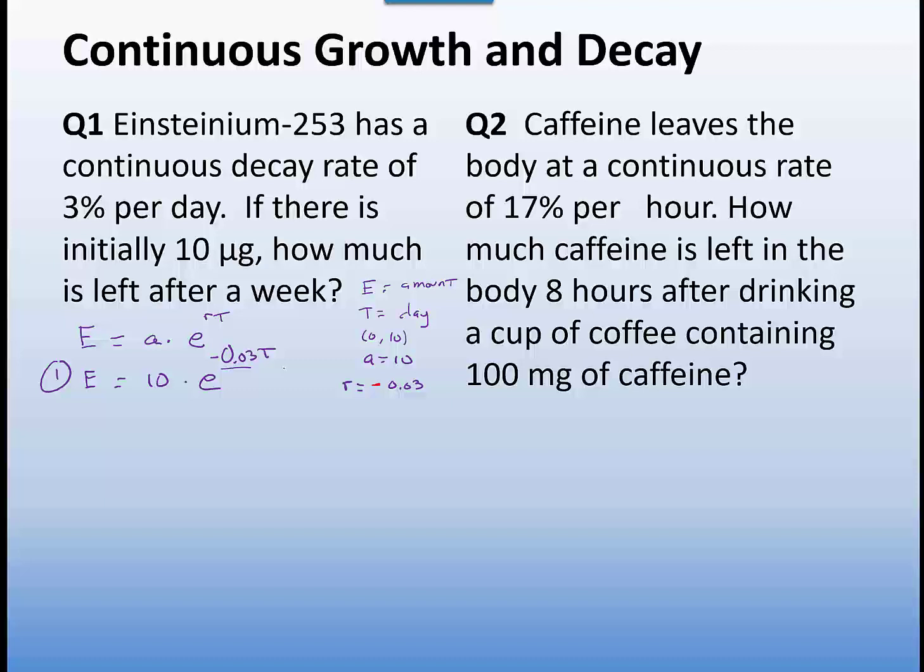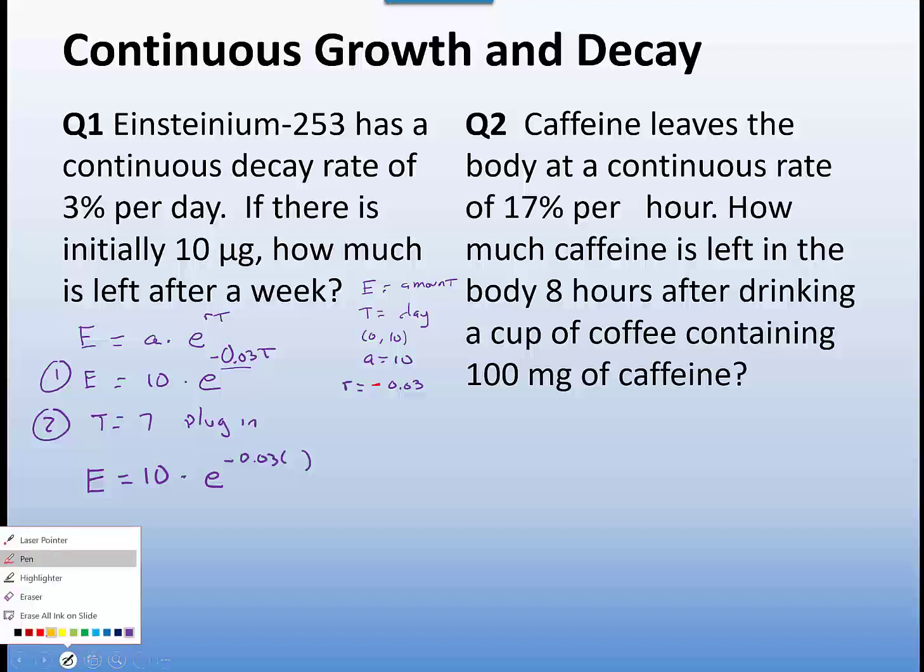Okay, now we can answer the question. So, the time is a week later, or 7 days. So we just have to plug that in. So E equals 10 times the number e to the negative 0.03 times 7.